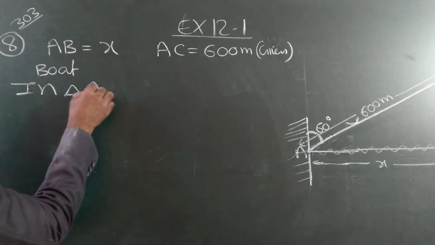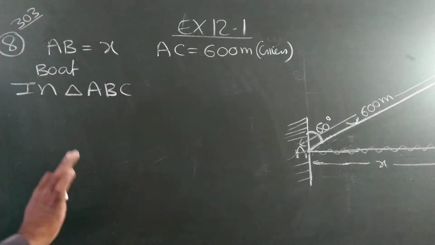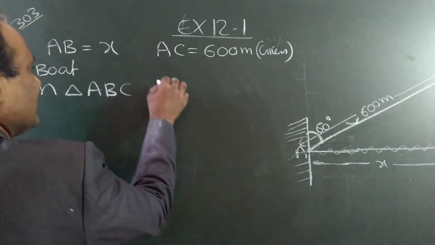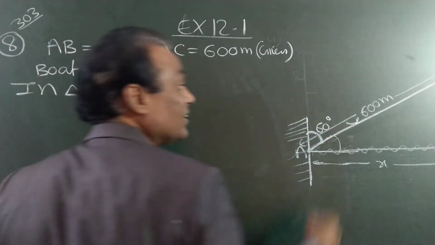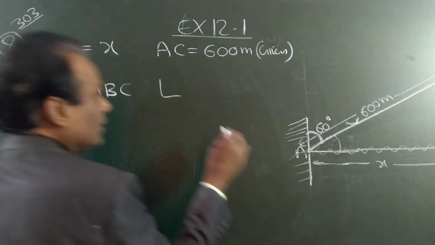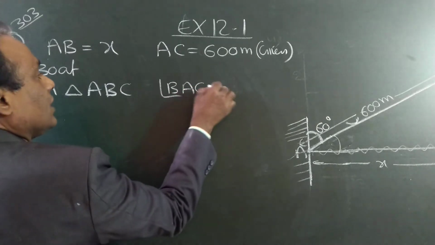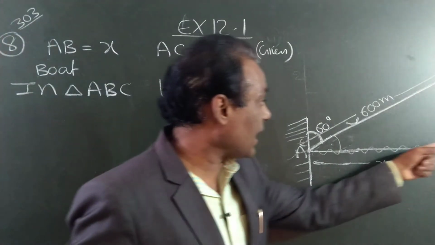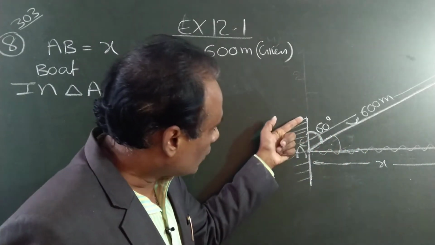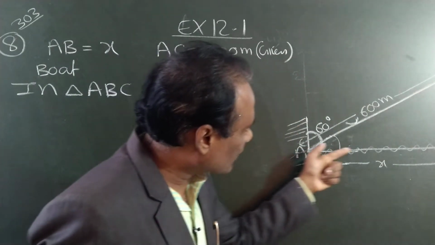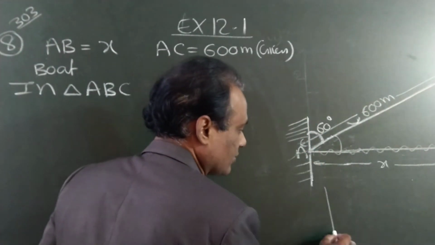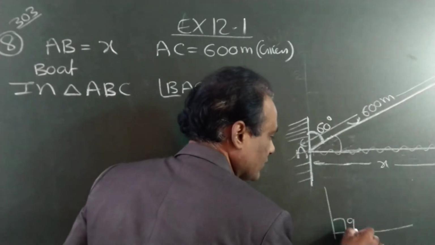Now, in triangle ABC, don't write now, now the procedure starts and I am solving the problem. In triangle ABC, what is angle BAC, this angle? See here, whenever a vertical line and a horizontal line are there, the total angle is 90 degrees. This is the bank, this is the river, and this angle is 90 degrees.